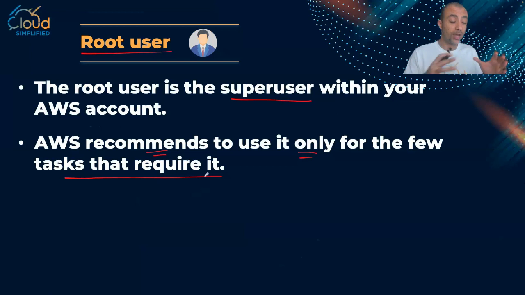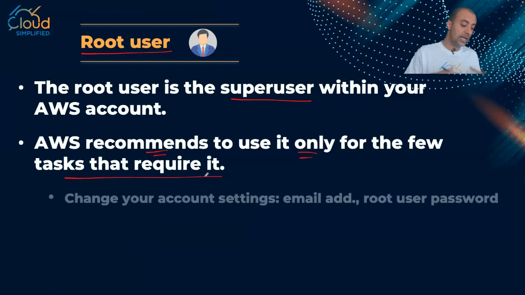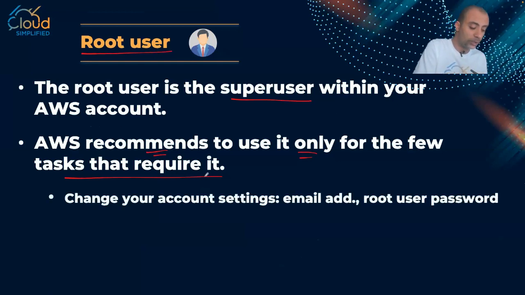And that's why I should use the root user only in very specific tasks that cannot be done by another user. Examples of these tasks are if I want to change any account settings, if I want to change maybe the email address associated to my account, if I want to change the root user password, for example.